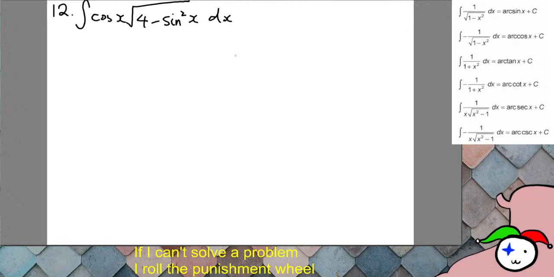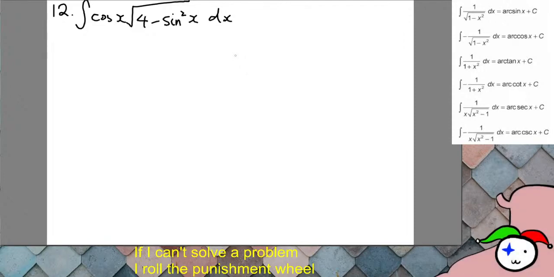So this next one, cos x times square root of 4 minus sine squared x. Once again, can we use something similar to before? So if we let 4 minus, wait, hang on, this time it's actually already in this form. So 4 minus sine doesn't really mean anything.